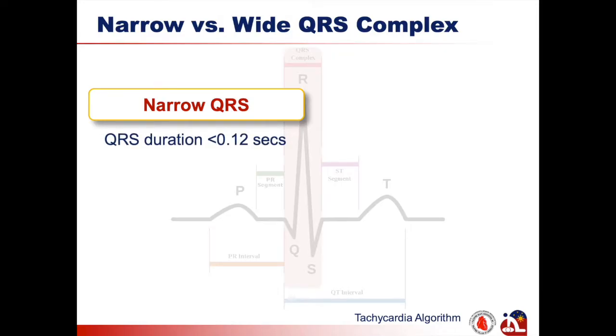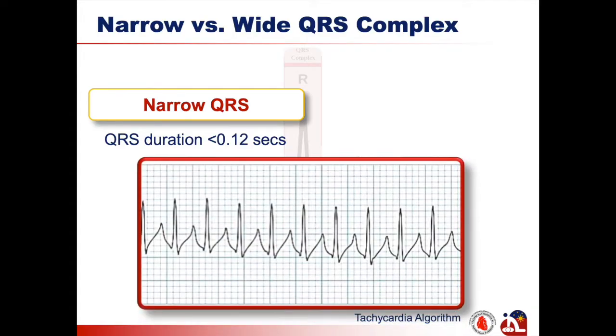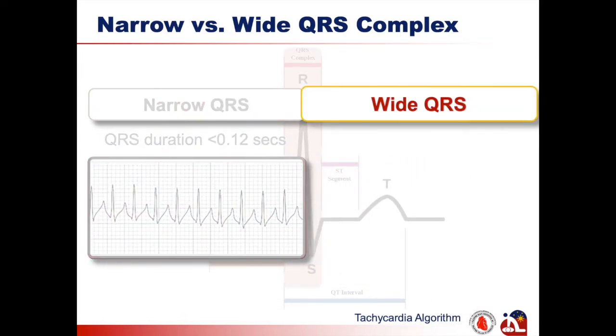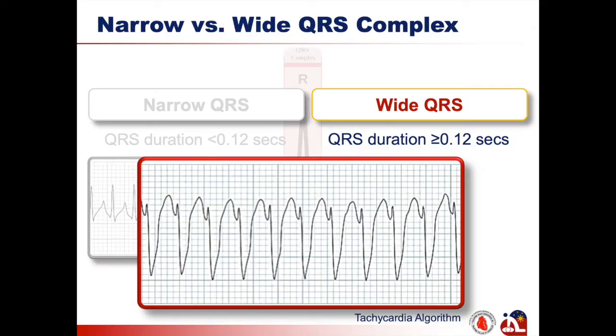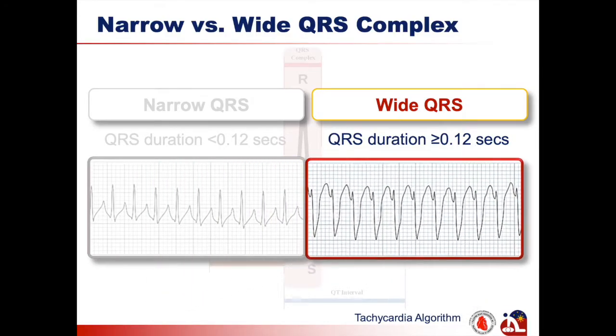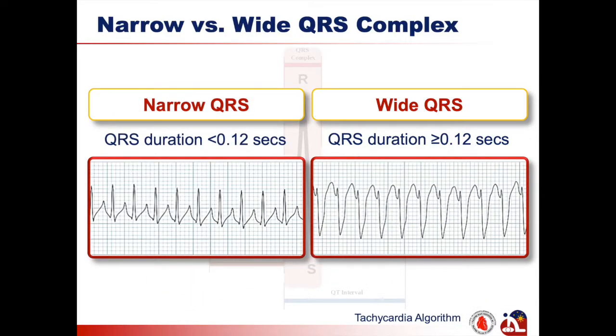A narrow QRS tachycardia has a QRS duration of less than 0.12 seconds. This is an example of an ECG strip with a narrow QRS tachycardia. On the other hand, a wide QRS tachycardia has a QRS duration of more than 0.12 seconds, as shown here in this strip. What you see right now is a head-to-head comparison of a normal versus a wide QRS tachycardia.